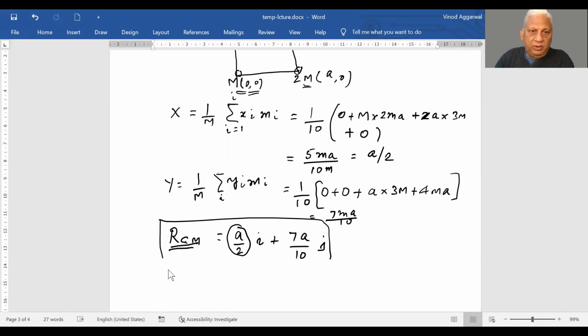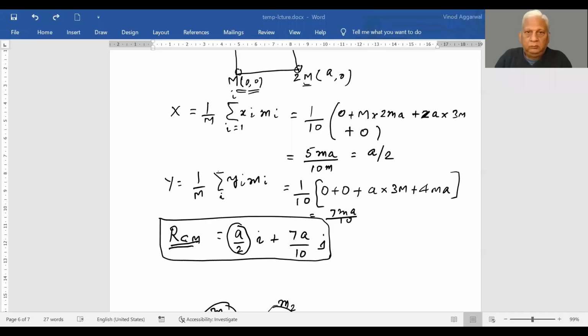If we have a z component, it can be treated exactly like this. There's a small correction: this is 10m, the total weight of the system. Similarly, this is 10m, the total weight of the system.